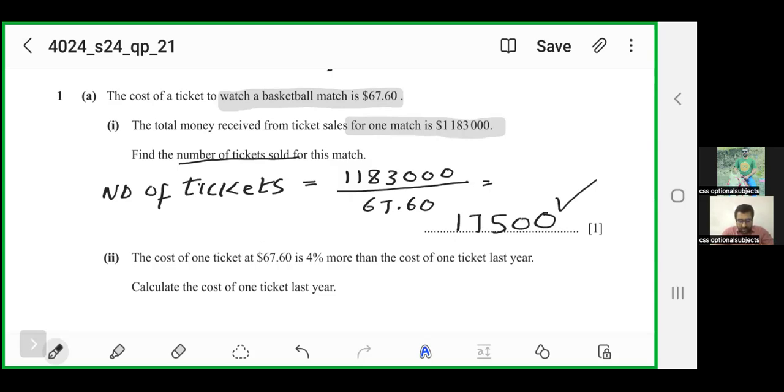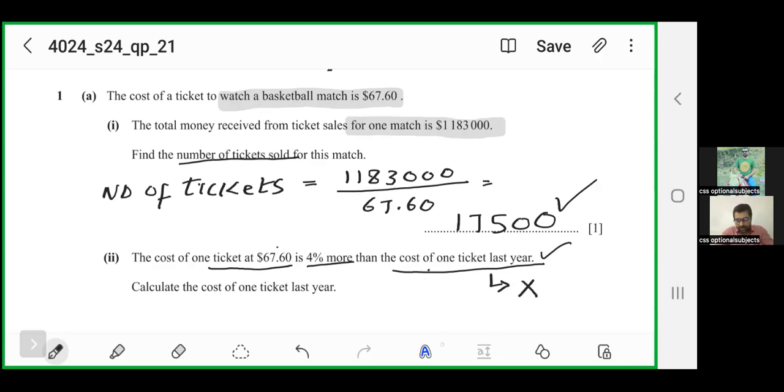The next part: the cost of one ticket at $67.60 is 4% more than the cost of one ticket last year. In comparison to last year, let me suppose that the cost of the ticket last year was X dollars.